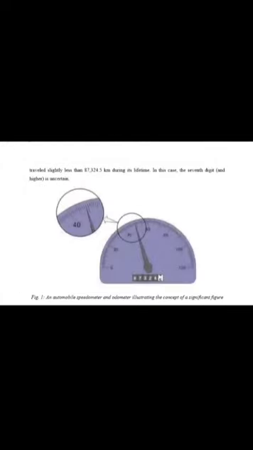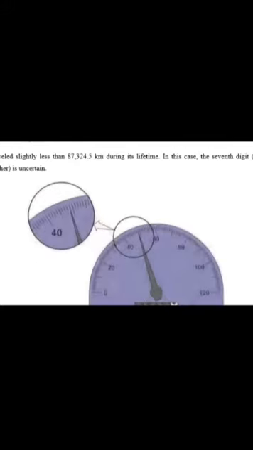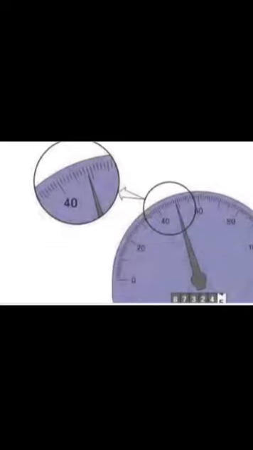So, to consider significant figures, as you can see in here, this one is the speedometer, tapos this one is the odometer. As you can see in the speedometer, by visual inspection, masasabi natin na it reads between 48 and 49, right?